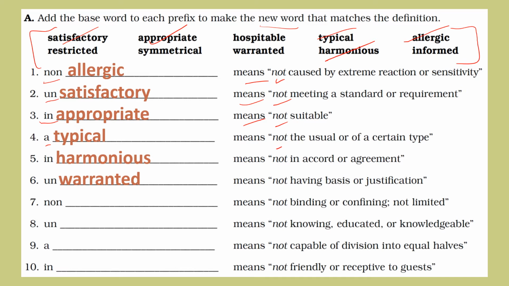If it is limited, confining, binding, it means restricted. But because we have negation, we would say non-restricted. All right, and finally, we have knowing, educated, knowledgeable. I think this one is very easy. It's informed, to inform, informed, not knowing, uninformed. No one informed me. I am uninformed.